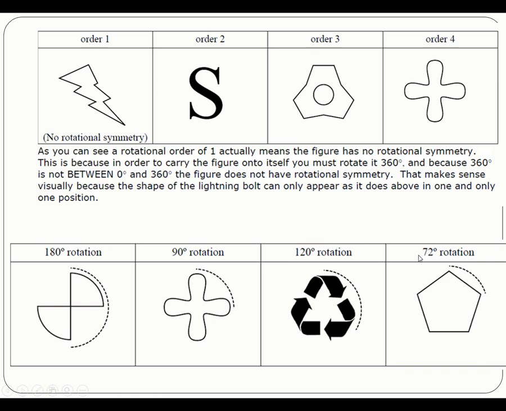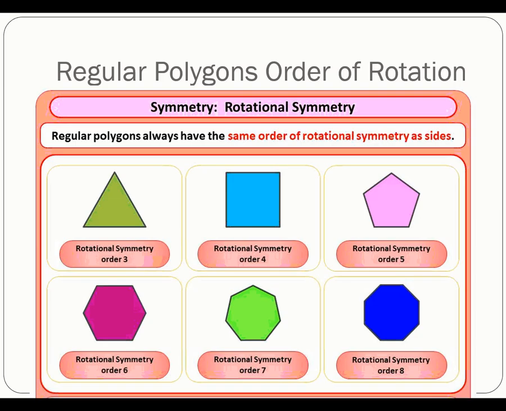Cool, right? Then you did the activity, and we wanted to explore what happens with a regular polygon, which, remember, is when a shape has the same length for all the sides and the same angle measure for all the angles. So it's equilateral and equiangular. You found out from the activity that regular polygons always have the same order of rotational symmetry as the number of sides.